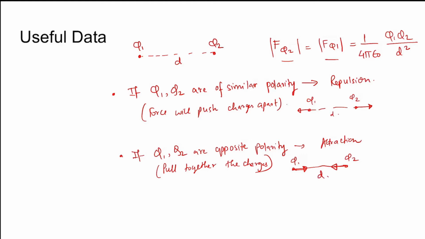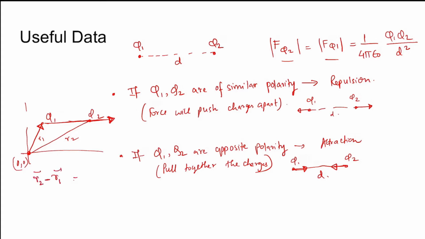Now in order to find this direction vectorially, what we can do is take this coordinate system, and this is the position of q1 and q2. The position vector from the origin to q1, let's say, is r1, and the position vector to q2 is r2. So this direction can be written as the difference of r1 and r2.